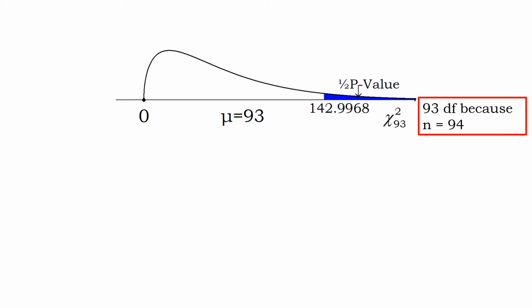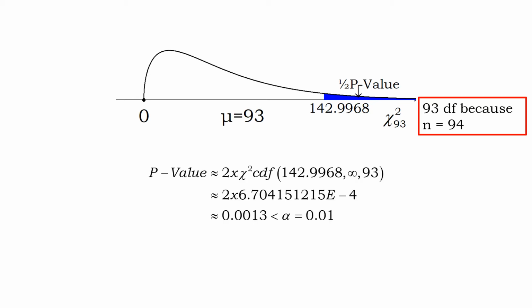And so we're going to look at how convincing is our data on the high side, and say equivalent data on the low side would be just as convincing. So the area we see is only half of our evidence. To calculate our p-value, we need to take the area we have in the right tail, the shaded region in blue, and double it.